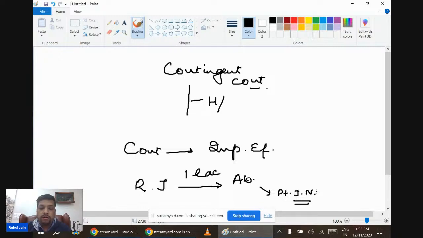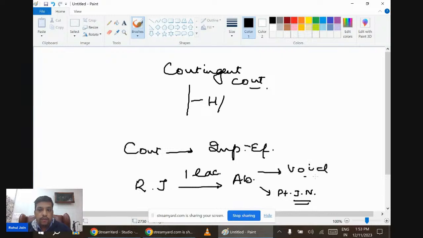If you are making the contract based upon an event which is impossible, which is impossible. Write it down quickly. Okay. Now, in this situation the contract is void.